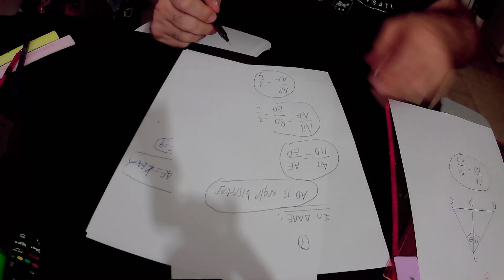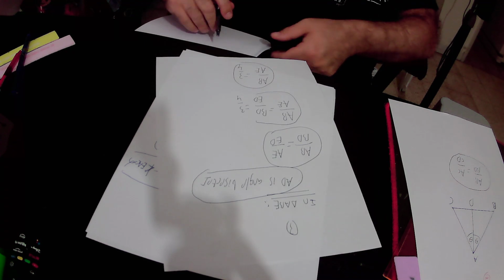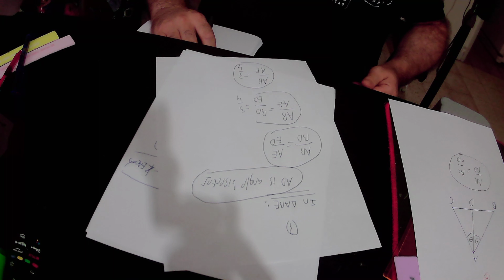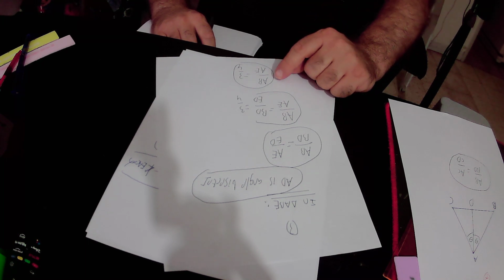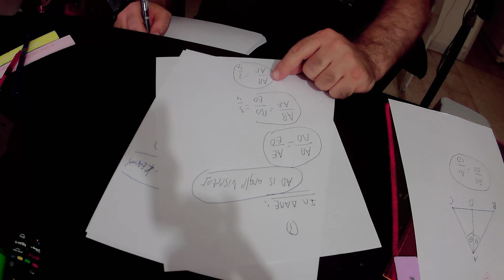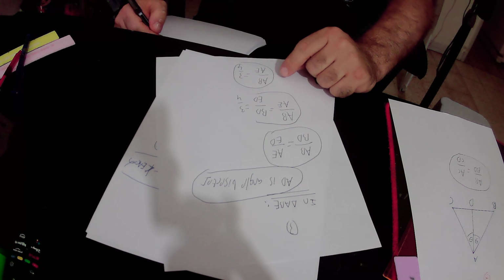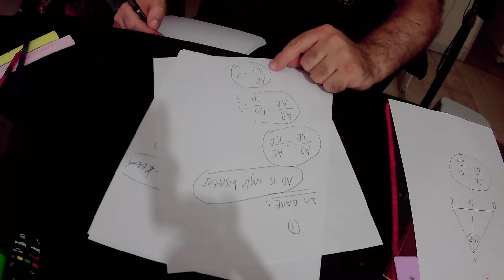and actually, if we define AB as 3K, that is to say AB equals 3K according to our definition, then we will find out what is the value of AE.